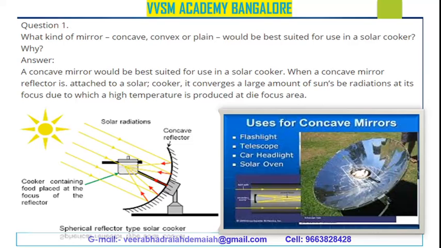Mirrors. In physics, we come across standard mirrors. Mirrors are materials polished on one surface, and they are classified into three: the plane mirror, that is the rectangular plane mirror we use daily for our images when we are cutting, shaving, in salons, and your beautiful faces you can see in the plane mirror.